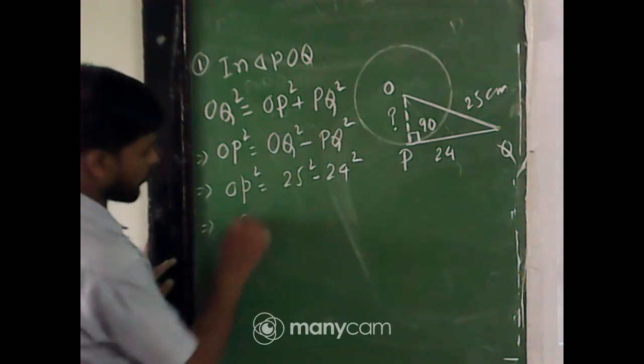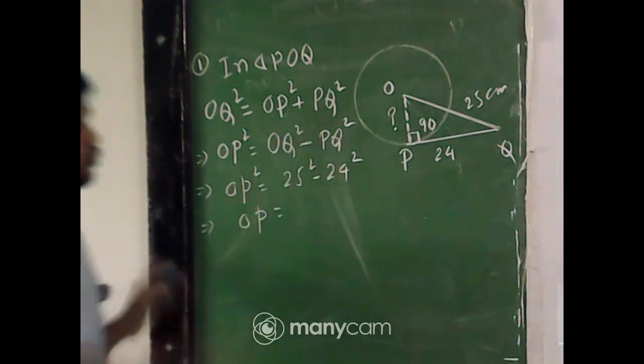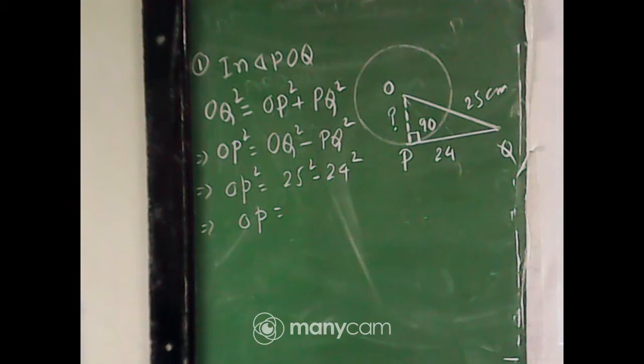OP square is equal to 25 square minus 24 square. What will be the value of OP? Do the calculation and tell me the answer. I think you know the value of 25 square and 24 square, so subtract them.